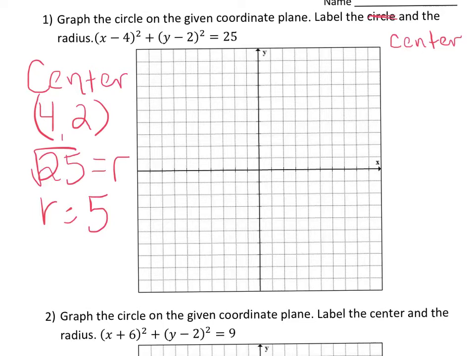So in order to graph this, first we need to graph the center, and then make some points exactly 5 away from the center on every side.